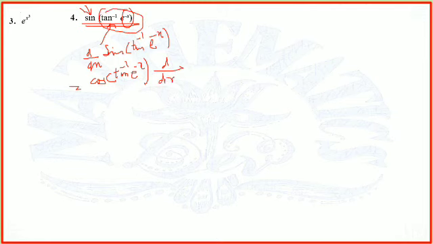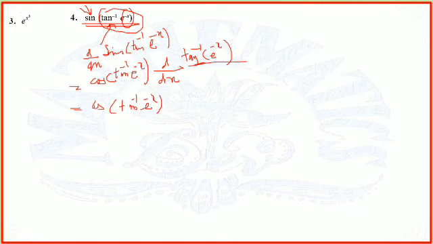So d over dx tan inverse exponential minus x. So cos tan inverse exponential minus x, and for the derivative of tan inverse, consider it as x.